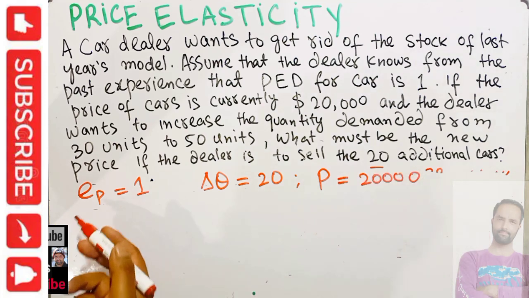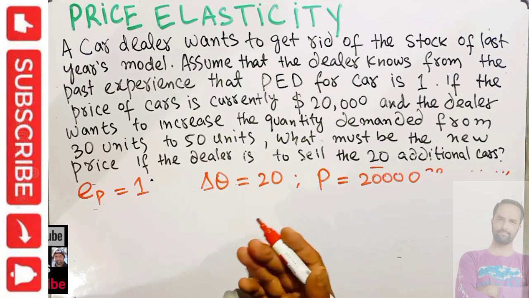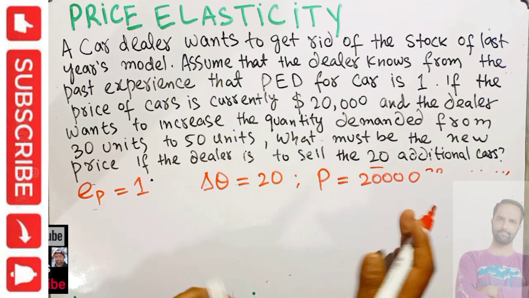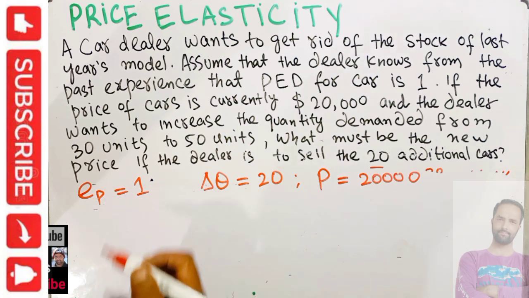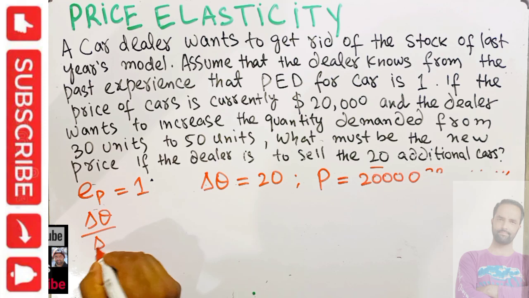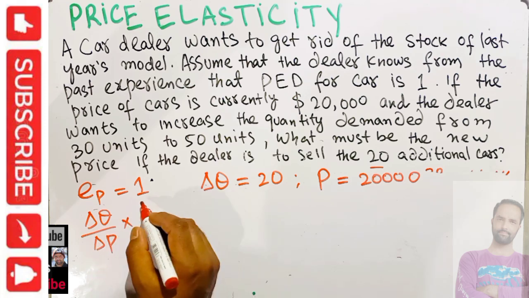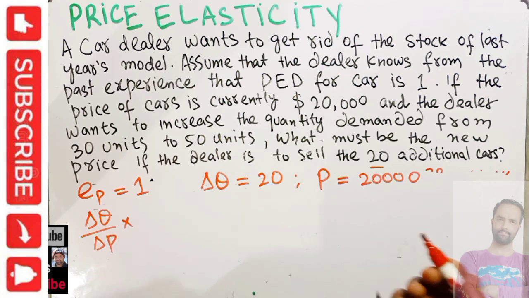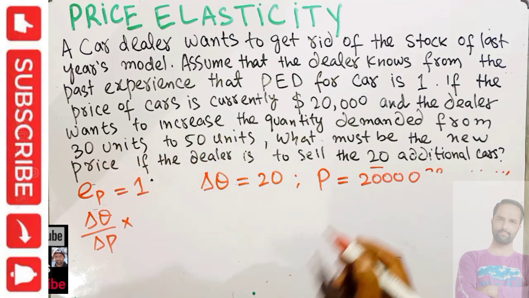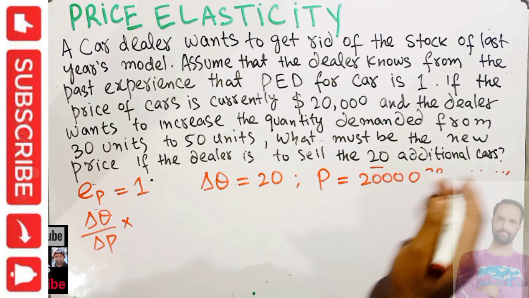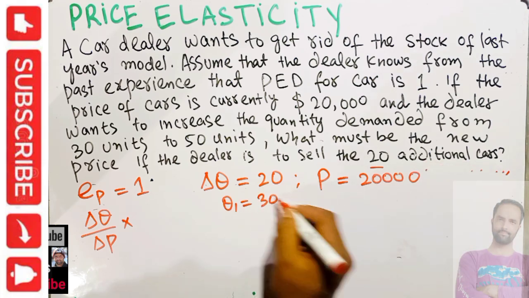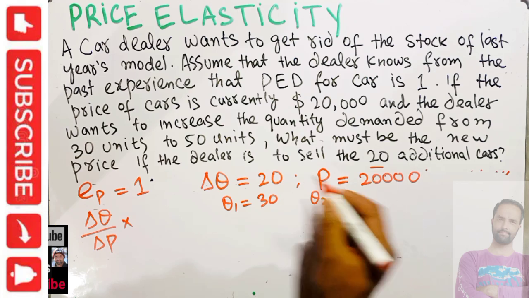If price elasticity of demand is 1, that means a 1% increase in price will lead to a 1% decrease in quantity demanded, and vice versa. So what is price elasticity of demand? Simply change in quantity upon change in price into initial price upon initial quantity. So Q1 is given as 30 and Q2 is given as 50.